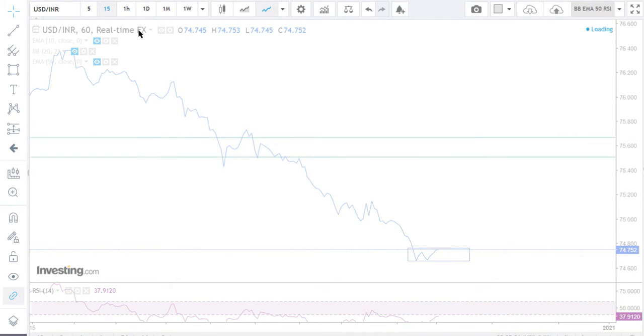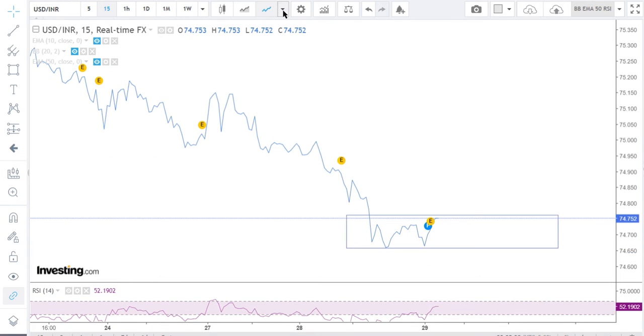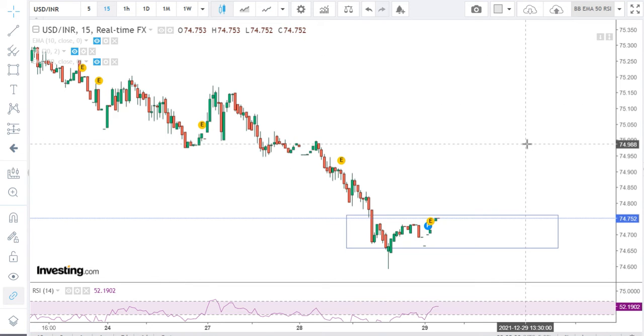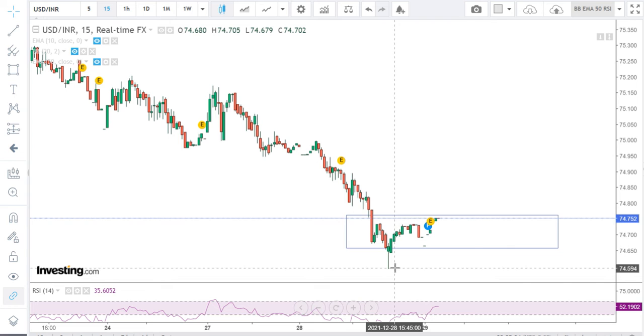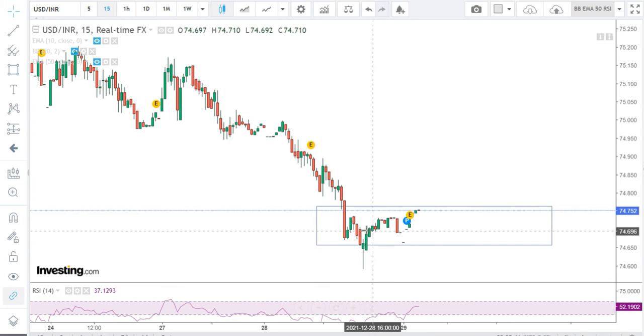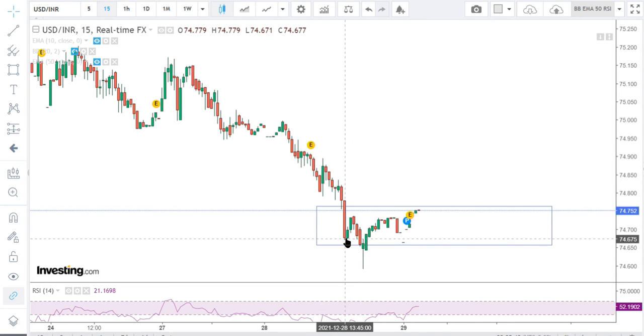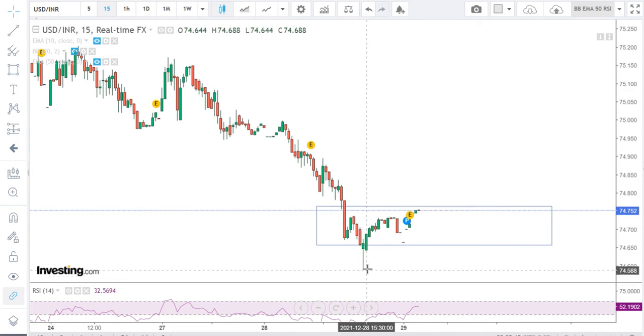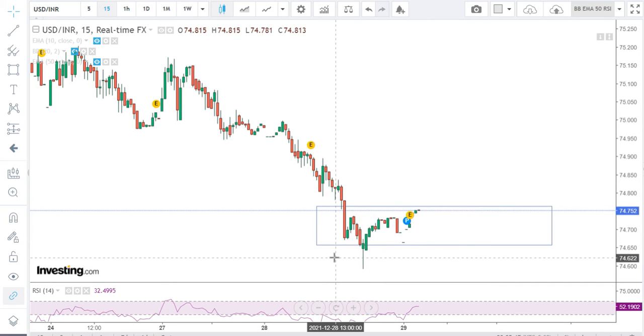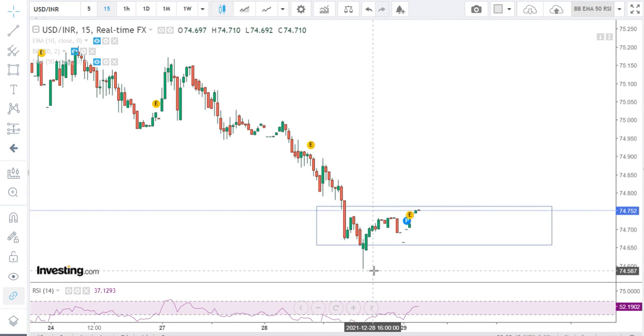On the 15-minute time chart, what we can see is the same thing on the lower part, around the 74.60, 74.65 area. There is what is called a pin bar. That means price rejection at the lower level.